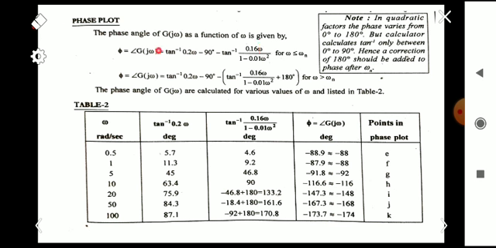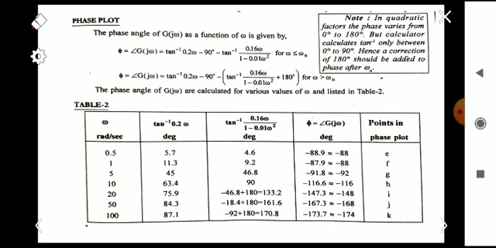Here you can see two phase angle equations, because there will be two parts to this phase angle equation based on the frequency. For any function with a second order term, we choose the phase angle equation phi equal to this one for frequency omega less than or equal to omega n.